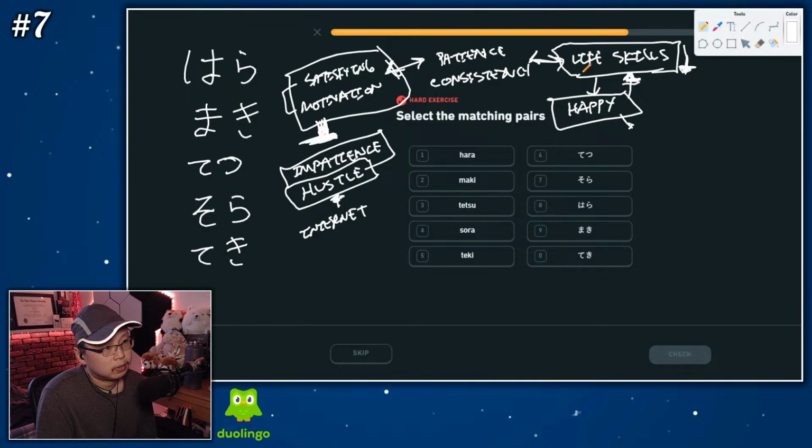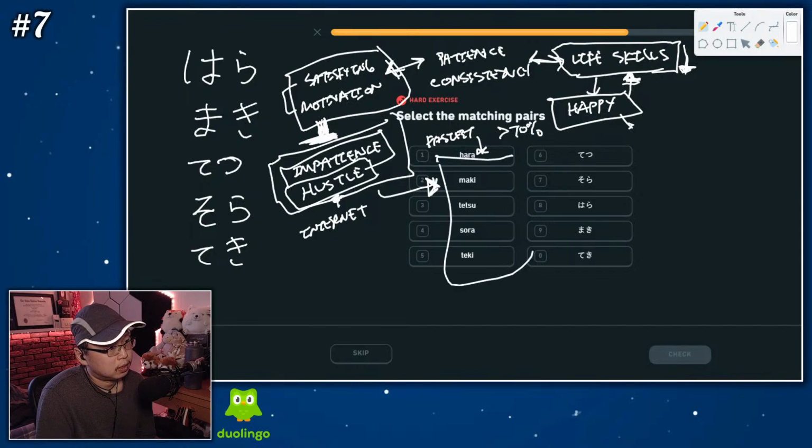So when these people are deficient in life skills and they try to learn based on hustle culture, right? What's the fastest way to learn Japanese? And I can tell you, well over 70% of people are more used to the hustle culture. They lack the life skills to remain happy.